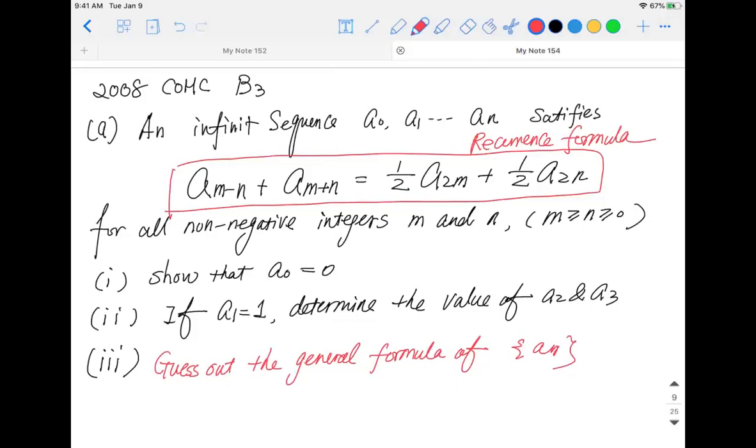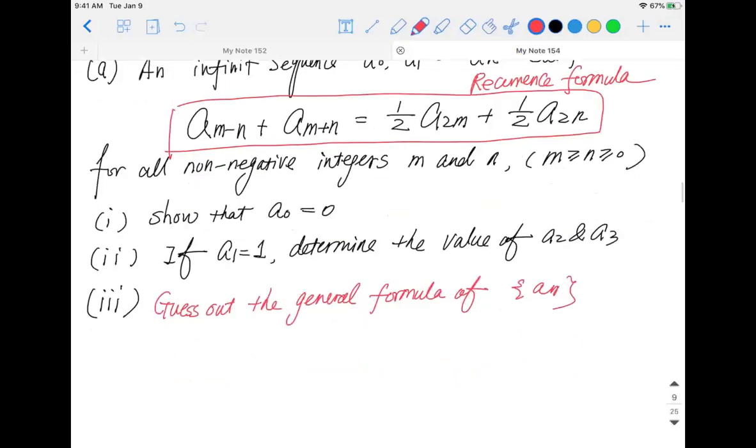Okay. So for all the non-negative integers m and n, and m is greater than or equal to n, which is greater than or equal to 0. Whenever you see a problem which has several steps, it goes gradually, right? The condition you get from the first step will be helpful for you to determine the second step, and thereafter the third step, so on and so forth.